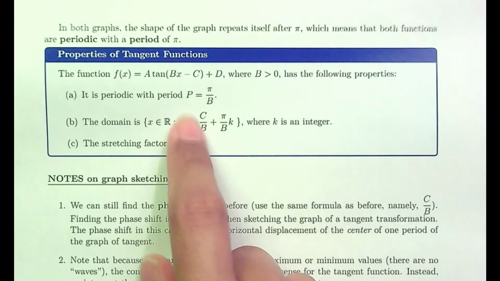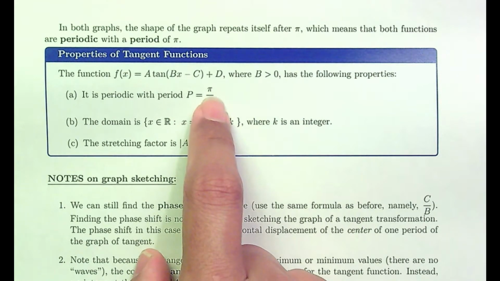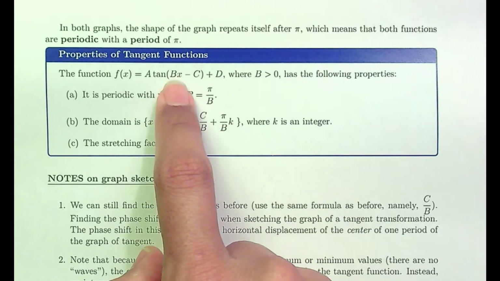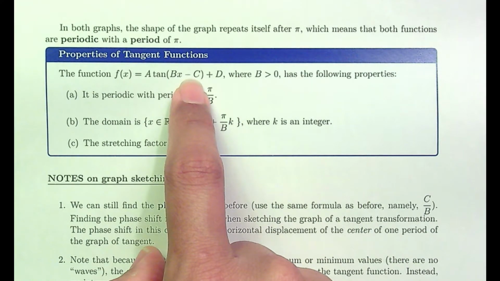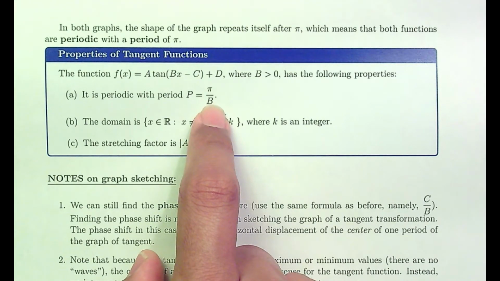In the case of tangent, the original period is pi, and you modify it, so it's pi over b.